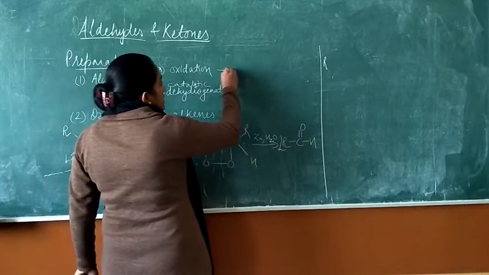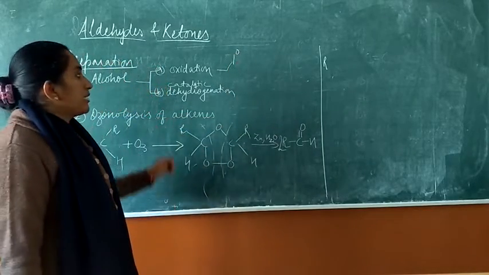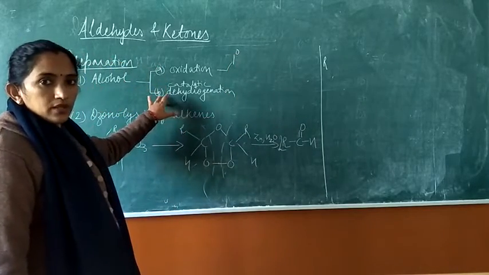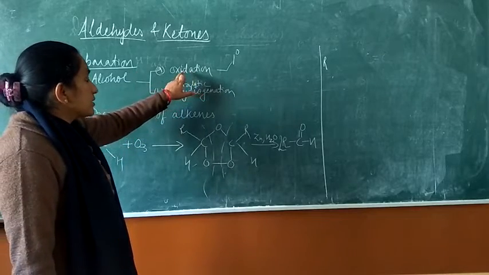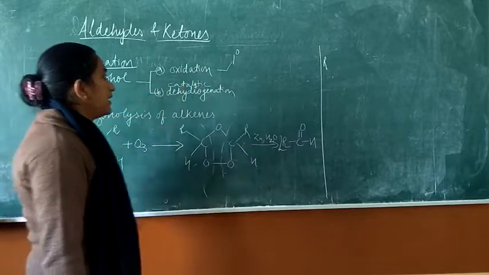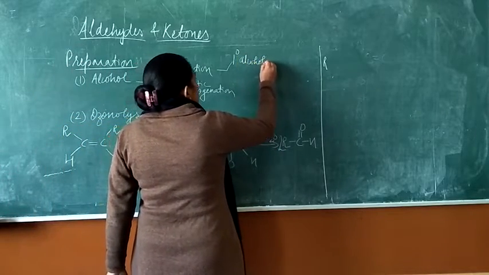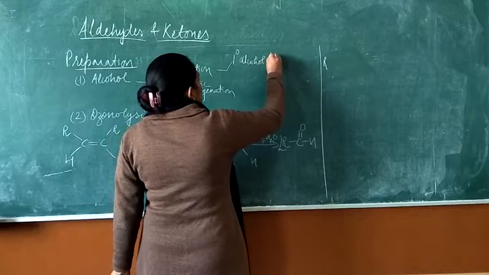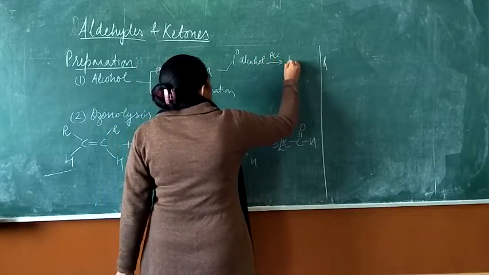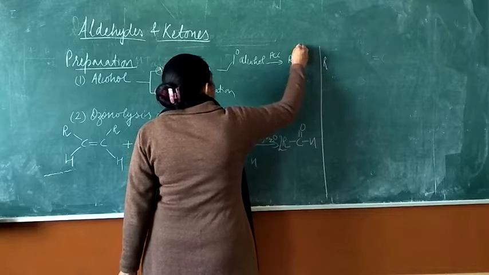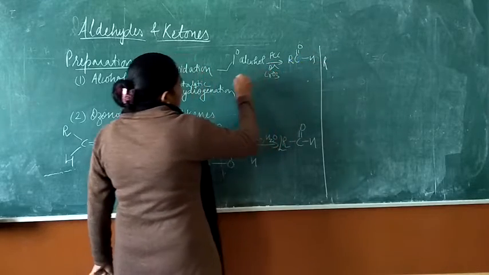So from alcohol, students, we can obtain either through oxidation. These reactions we have discussed in the alcohol unit, so I am not writing the reactions again here. I am just telling only the process here. If the oxidation is carried out and we have a primary alcohol, to get the product stopped at the aldehyde, we will add PCC or we can add chromic trioxide, right?